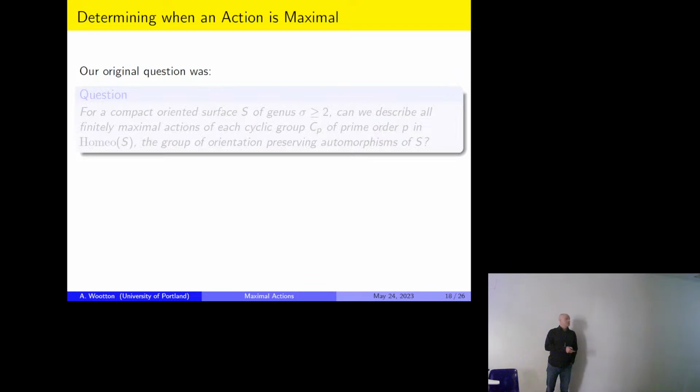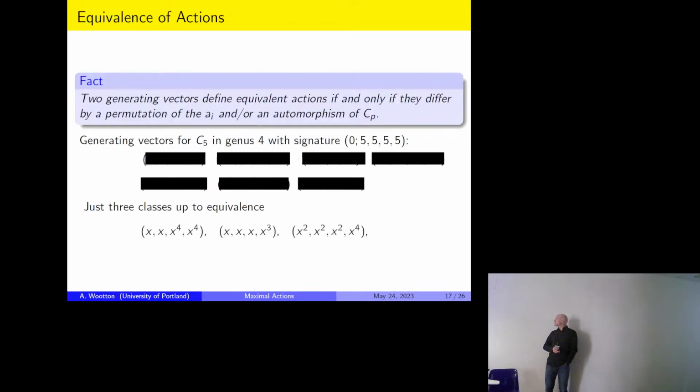But some of the exponents is not divisible by 5? Sorry? Some of the exponents is not divisible by 5 in the second? Did I, let's see. Oh, something's going wrong with this one. I think that must be a paste issue. Yeah, just ignore that one.